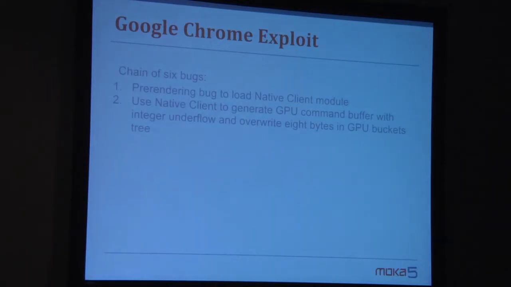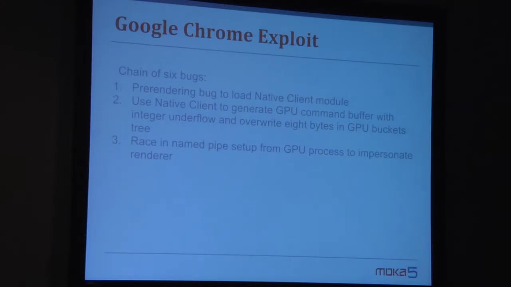They were then able to overwrite 8 bytes in that process space. There's address space layout randomization, but they were able to figure out which particular 8 bytes to overwrite, and they overwrite them in the GPU bucket tree. When it's doing the GPU operations, it has this data structure to do that.